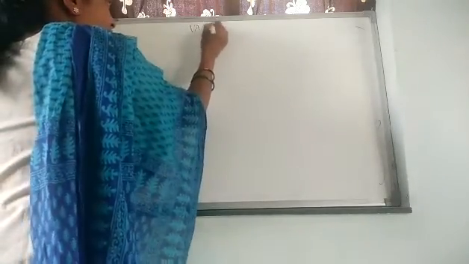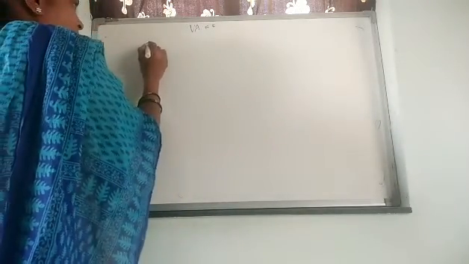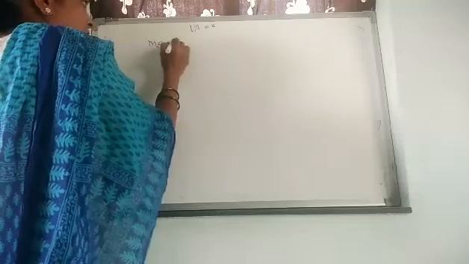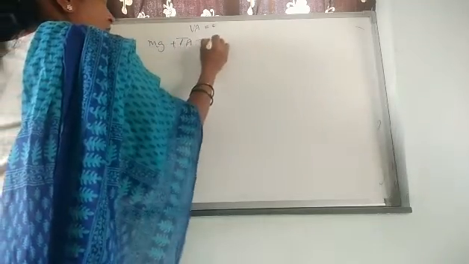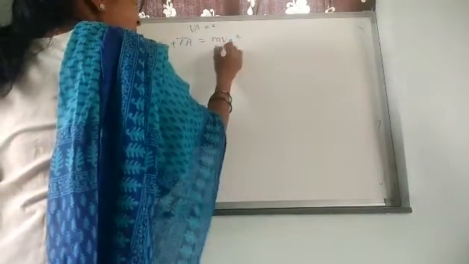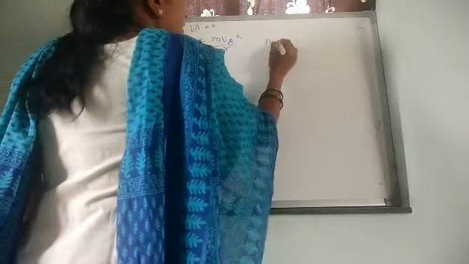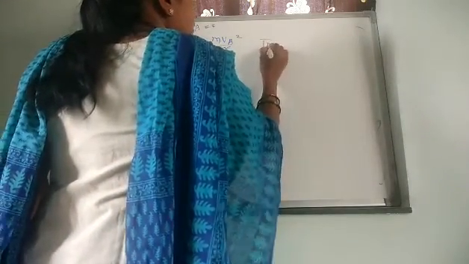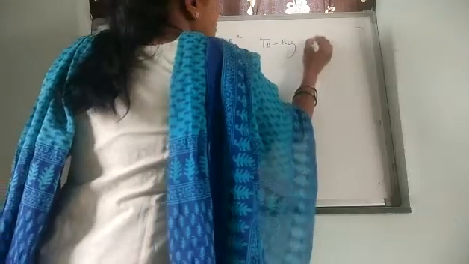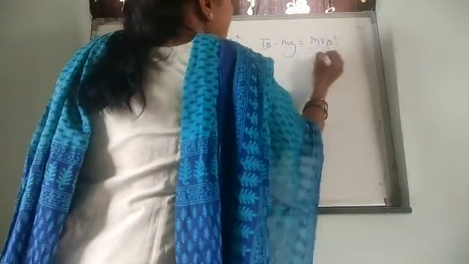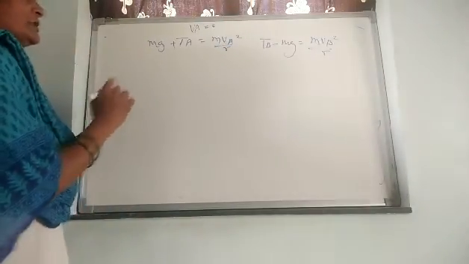As we have seen, the velocity at the topmost position will be equal to 0, and you know that mg plus Ta is equal to m va square upon r. This equation we have seen. Tb minus mg is equal to m vb square upon r. This equation we have seen.